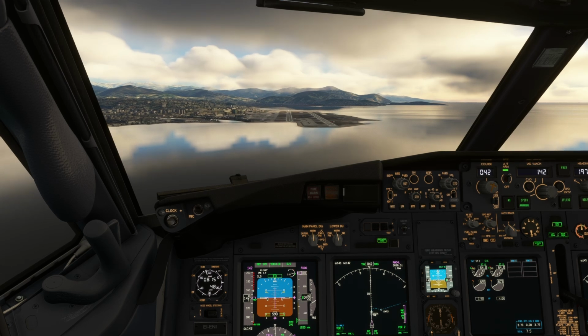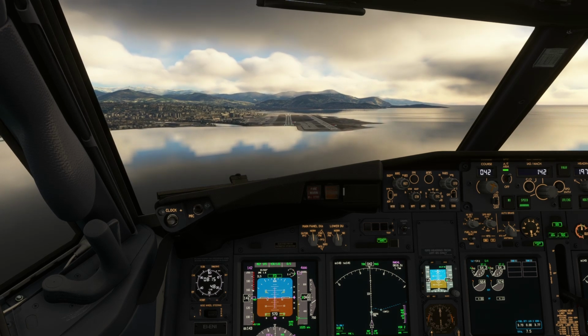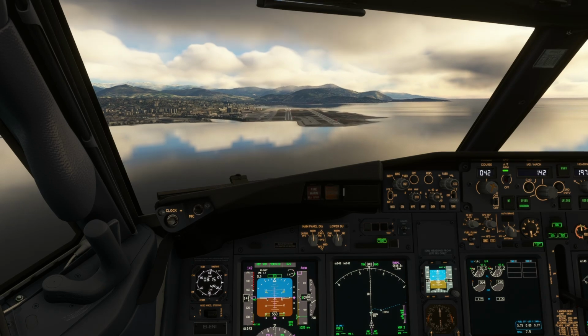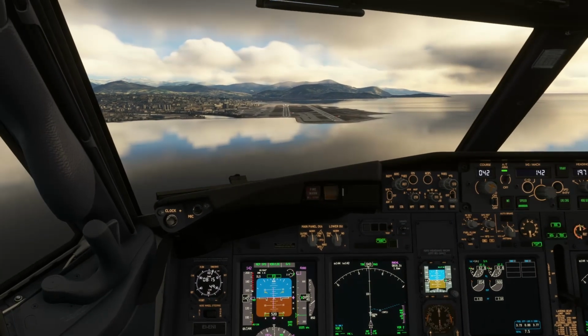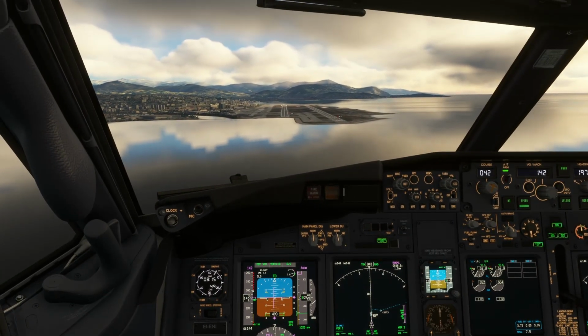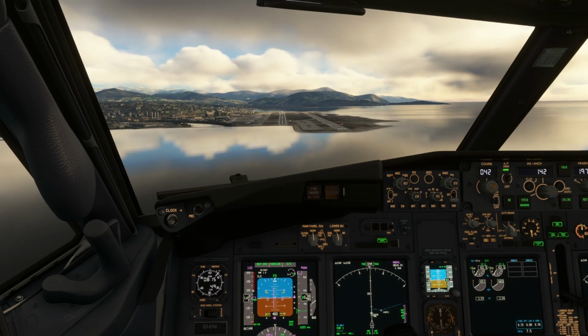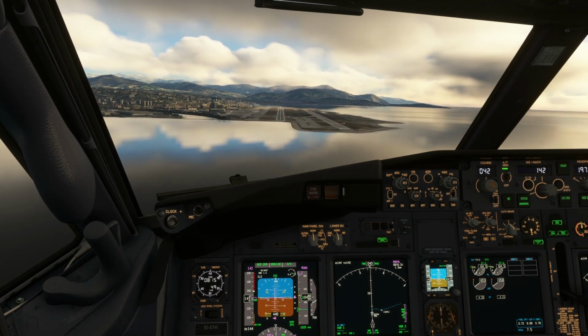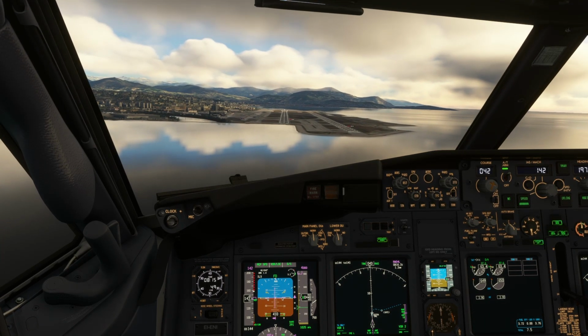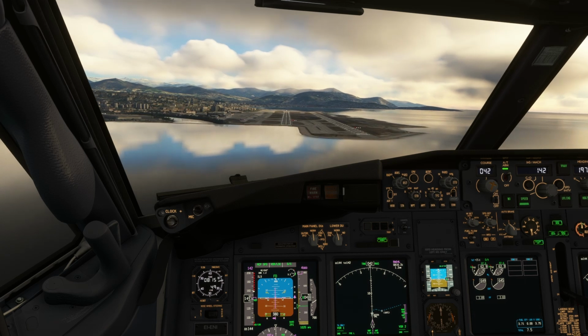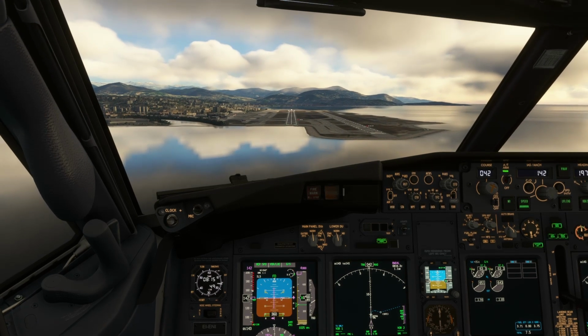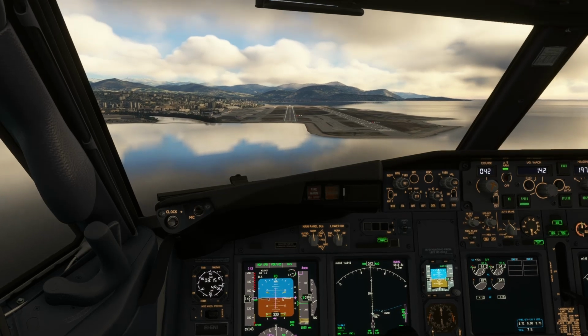When you're doing the flare, you basically say don't let the aircraft land, but the angle of attack will increase, and also your attitude will increase. That is where you risk a tail strike.